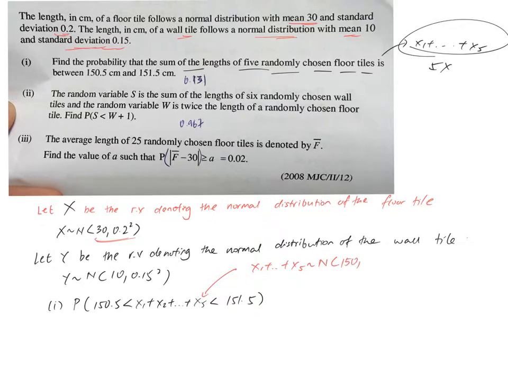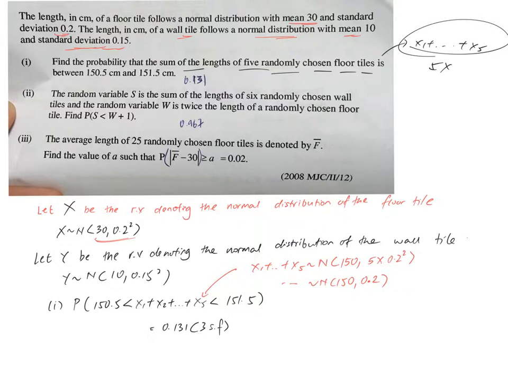Same thing for the variance, you should have 5 times, not 5 squared, 5 times 0.2 squared, literally 0.2 squared plus 0.2 squared and so on, times 5, and you should have the normal distribution of 150 and variance 5 times 0.2 squared. With that, using the GC, your answer will come out to be approximately 0.131. And that's for part 1.